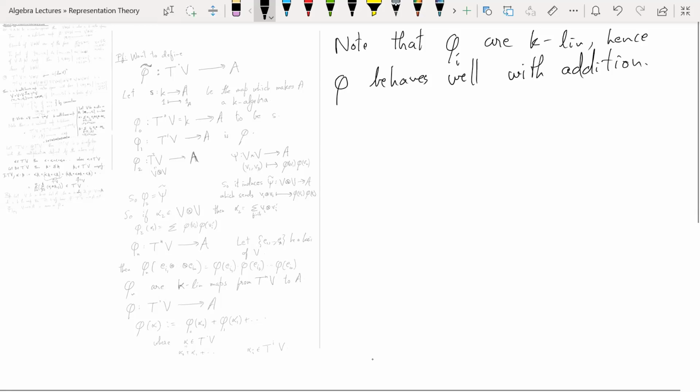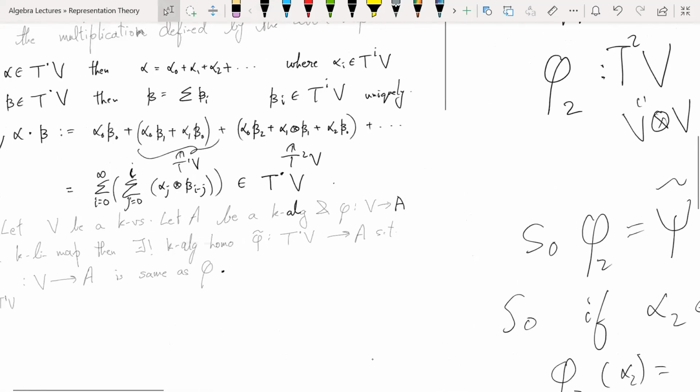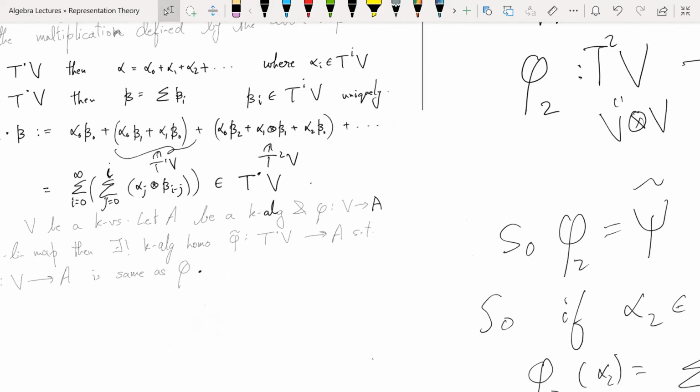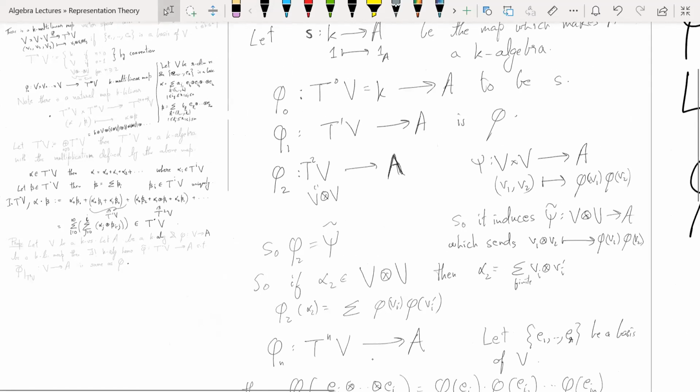So let alpha and beta be in T dot V. Then phi of alpha dot beta, we have to show, is the same as phi of alpha times phi of beta. This looks complicated, but we had this formula for alpha dot beta, so we'll use that formula.